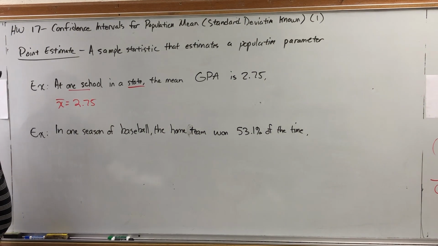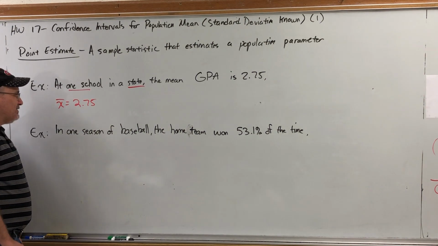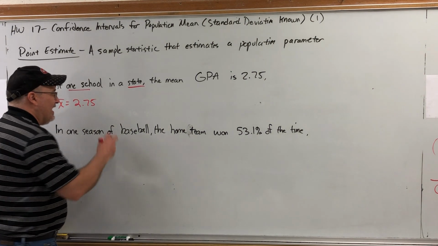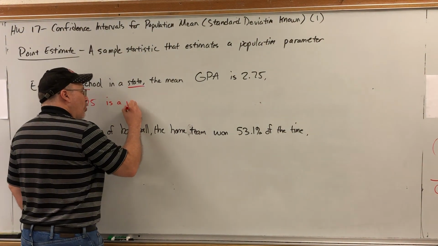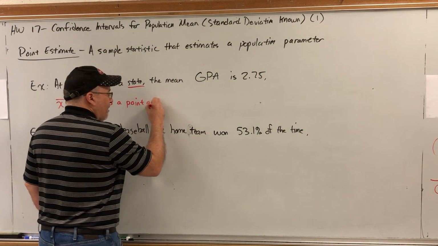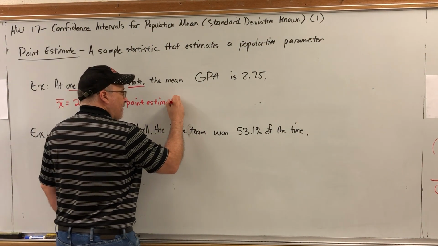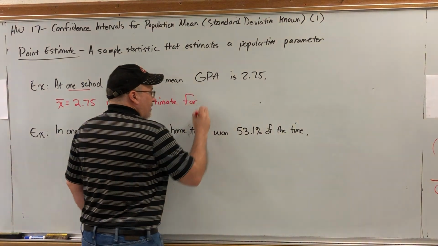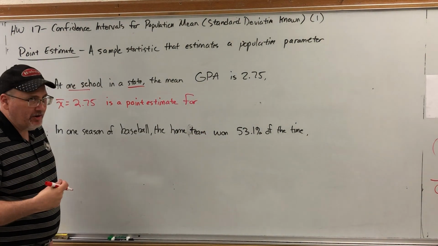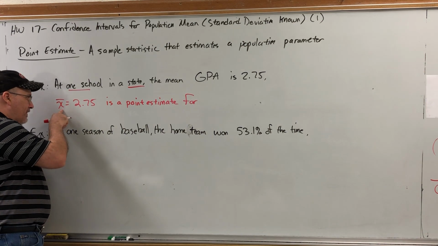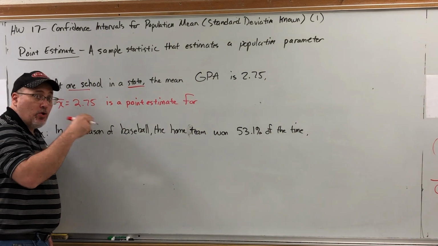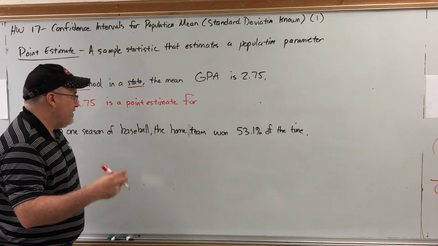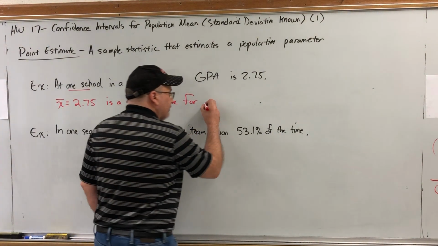But to look at it as a point estimate, we would say that x bar equals 2.75 is a point estimate for the corresponding variable for a population. Well, if this is sample mean, then that corresponding variable would be the population mean.